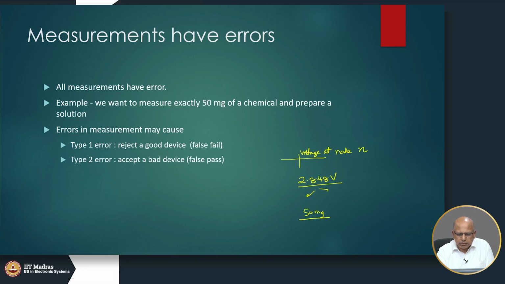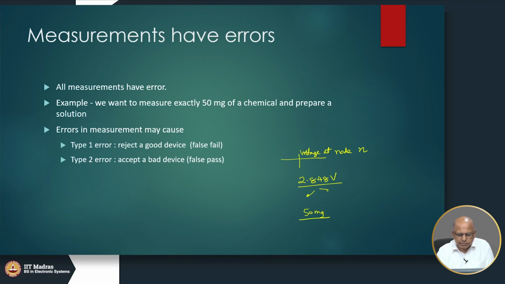And there you are taught how to use that physical balance and make a very accurate measurement of that 50 milligrams of the chemical, right. So, you will realize that a lot of precautions will have to be taken to make sure that it is exactly 50 milligrams, right. Even then there may be some scope for error.